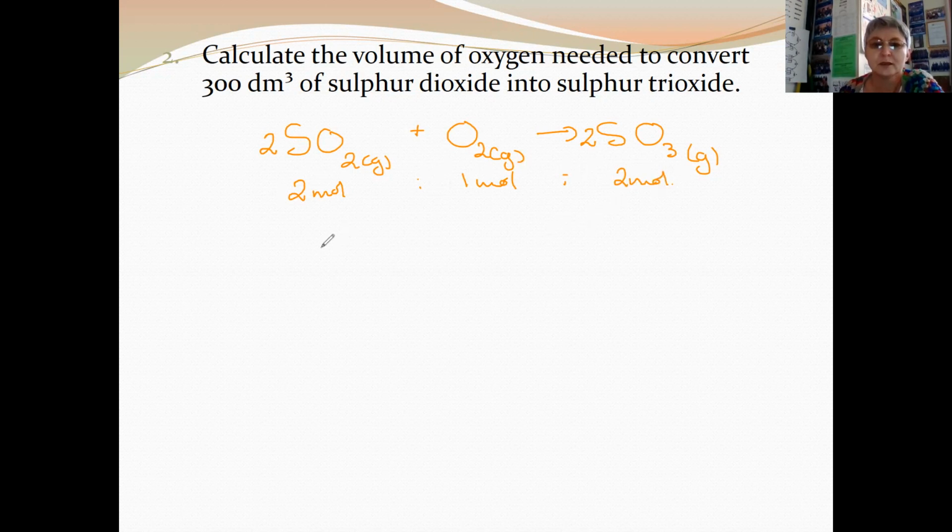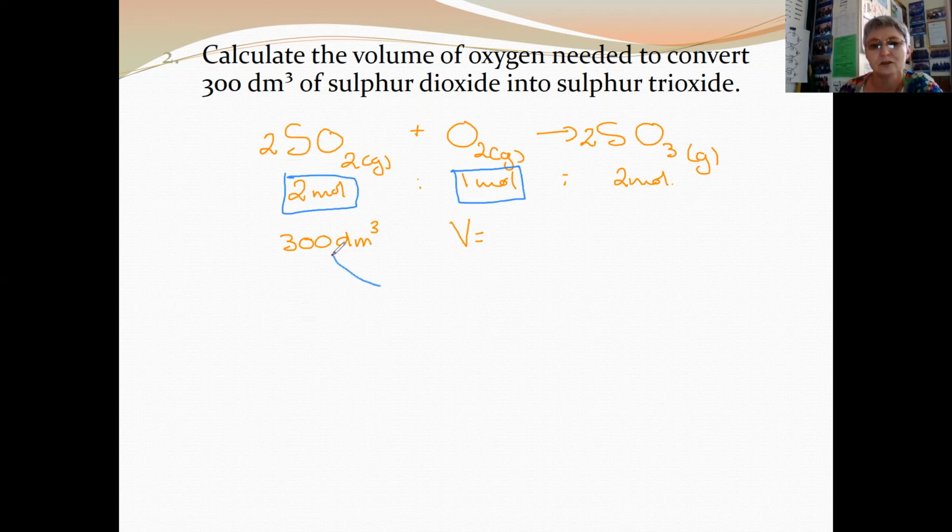And they want us to calculate the volume of oxygen if we start off with 300 cubic decimeters of sulfur dioxide. Now the mole ratio is 2 moles of sulfur dioxide will need 1 mole of oxygen.